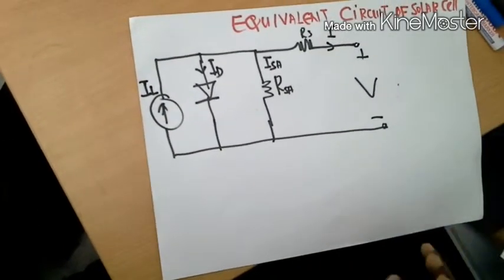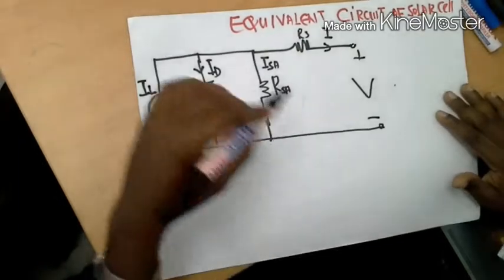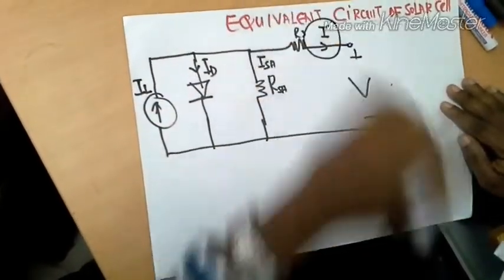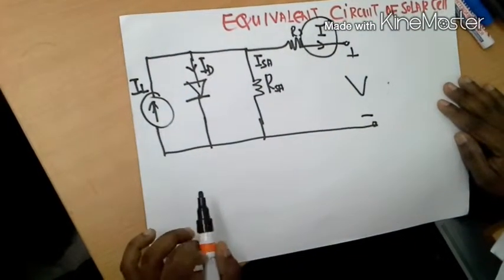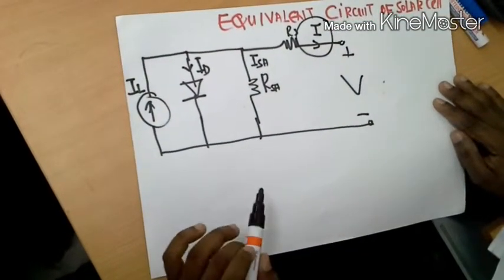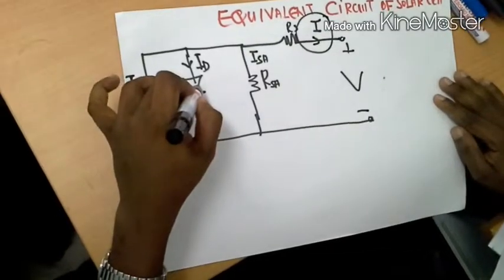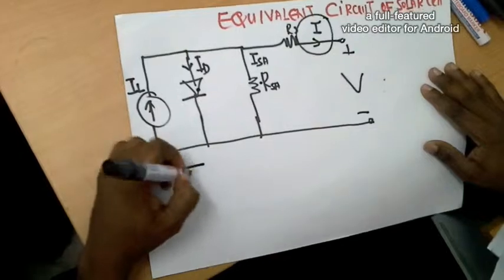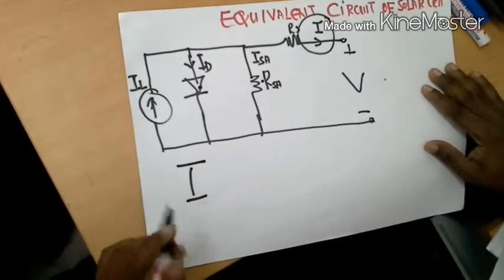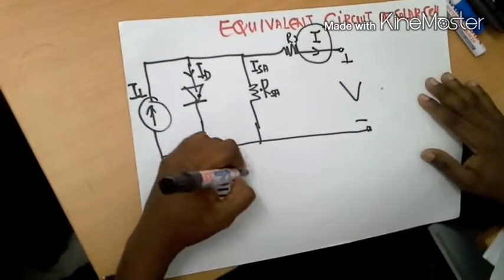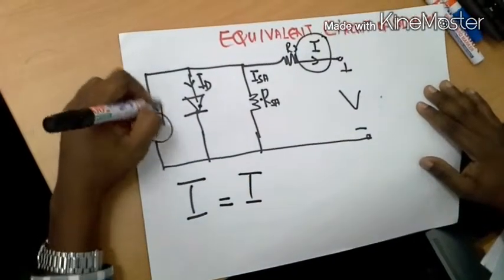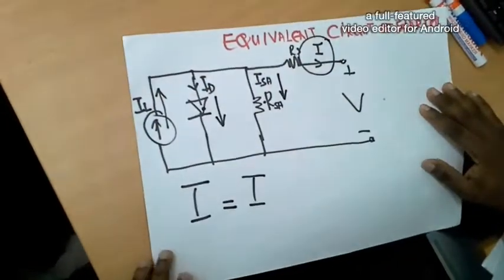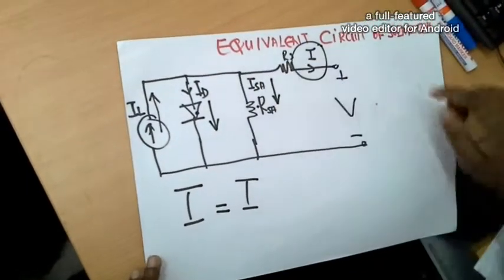So to know the characteristic equation, from the equivalent circuit it's evident that the current produced by the solar cell is equal to that produced by the current source minus that which flows through the diode and minus that which flows through the shunt resistor. So the total current will be IL, because it goes up, and I know the direction of these currents goes down.